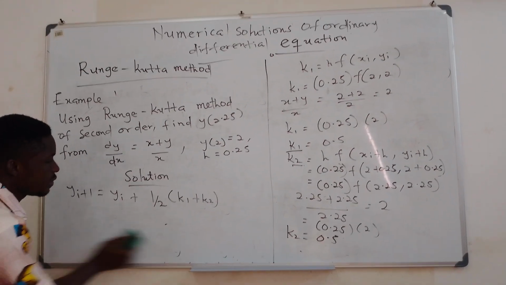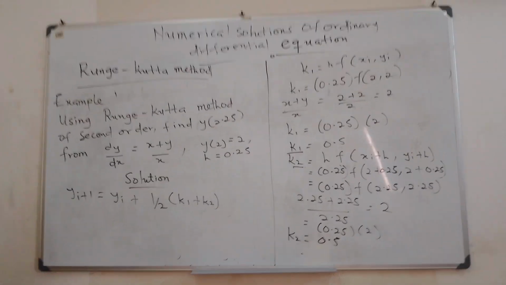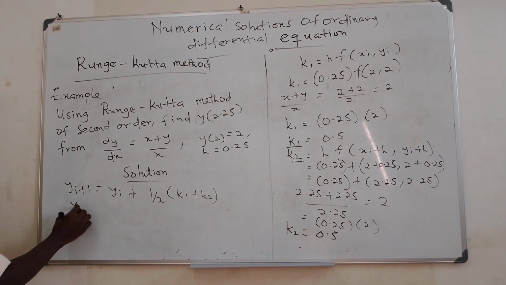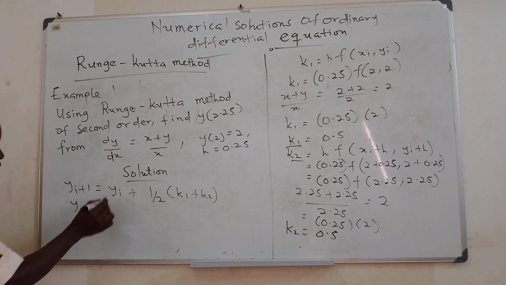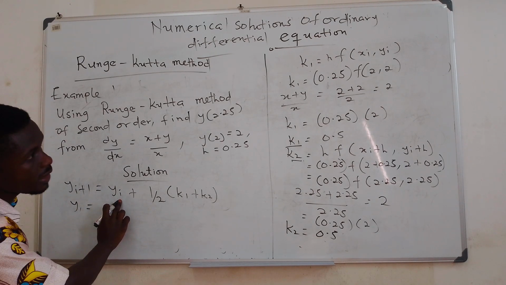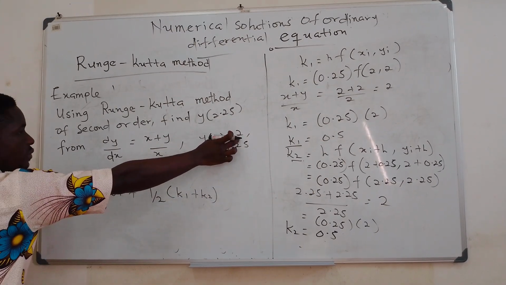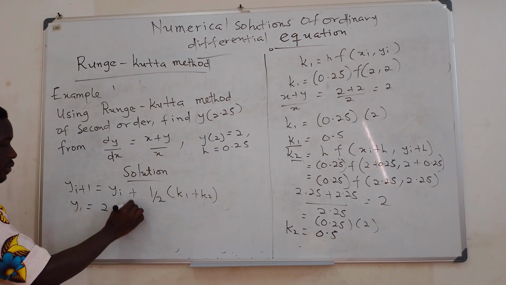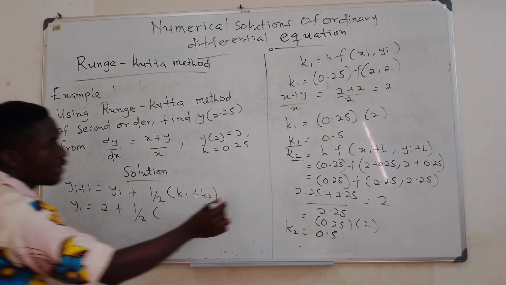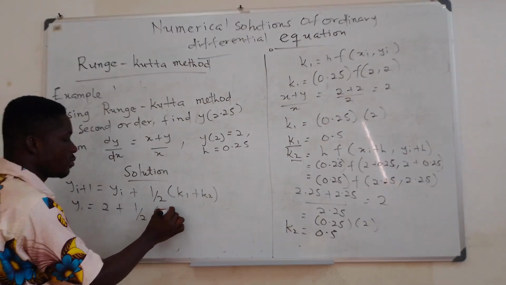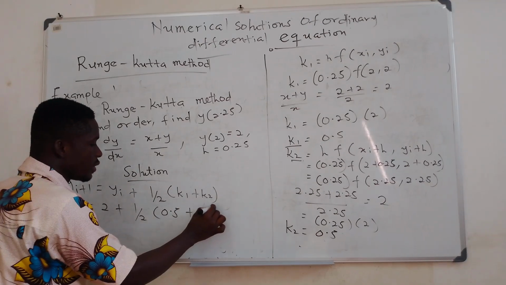Let's make the substitution over here. So y1 equals, i naught gives us 2. So 2 plus 1 over 2, and we had k1 to be 0.5, so 0.5 plus 0.5.